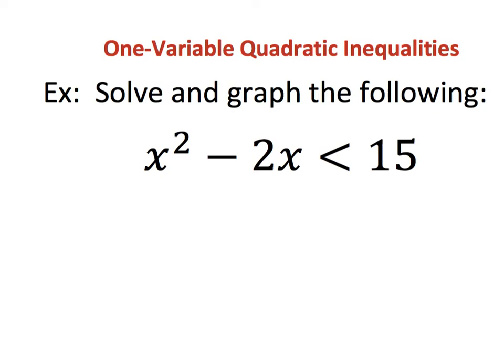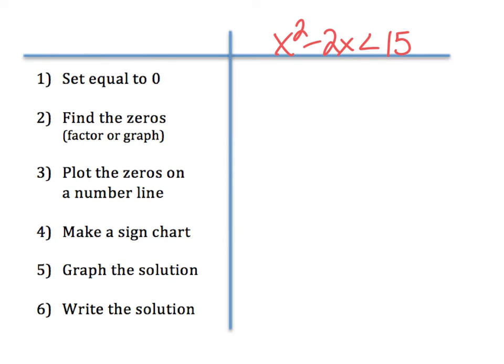But let's set up a T-chart here to help us out with this problem. I'm just going to go through those 6 steps that hopefully you have in your notes somewhere. Remember, the first step is to set it equal to 0. We would do that by subtracting the 15 over. So the first step would look like this: x squared minus 2x minus 15 less than 0.